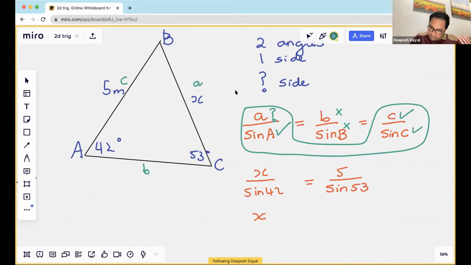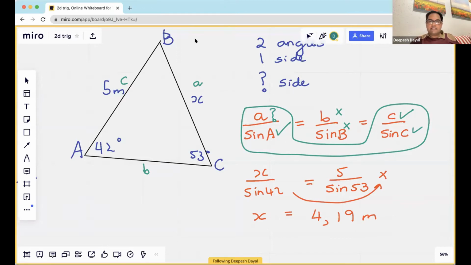So x is going to be 5 over sine 53, and remember, when you take this over, it's going to become times by sine 42. I get 4.19 to 2 decimal places, right? Please, can you help me check if this is correct? 4.19. It's correct. Thank you. Okay, great.